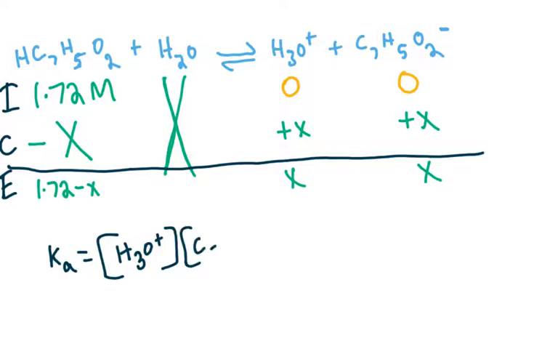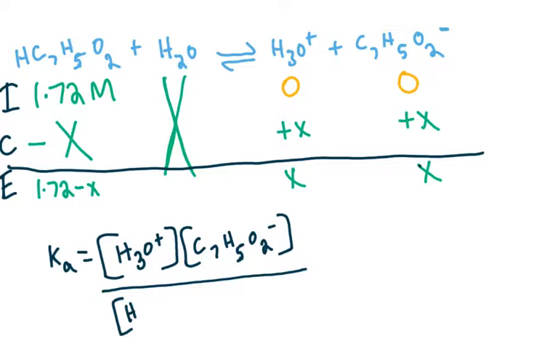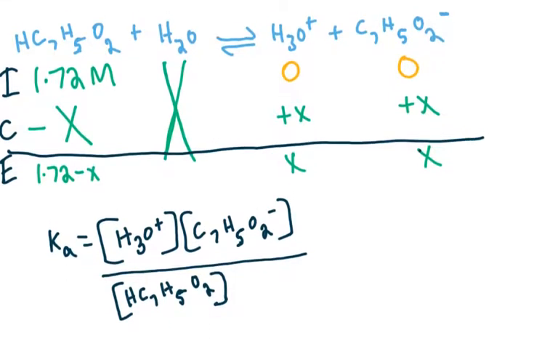So the concentration of H3O+ times the concentration of our benzoate anion, C7H5O2 minus, divided by the concentration of the reactants, except for water. So that's just the benzoic acid, HC7H5O2.